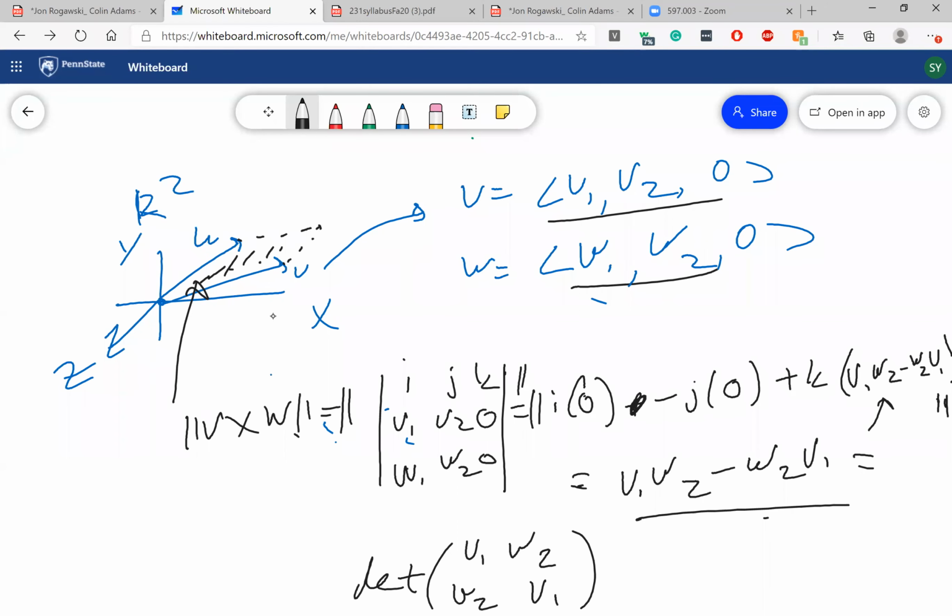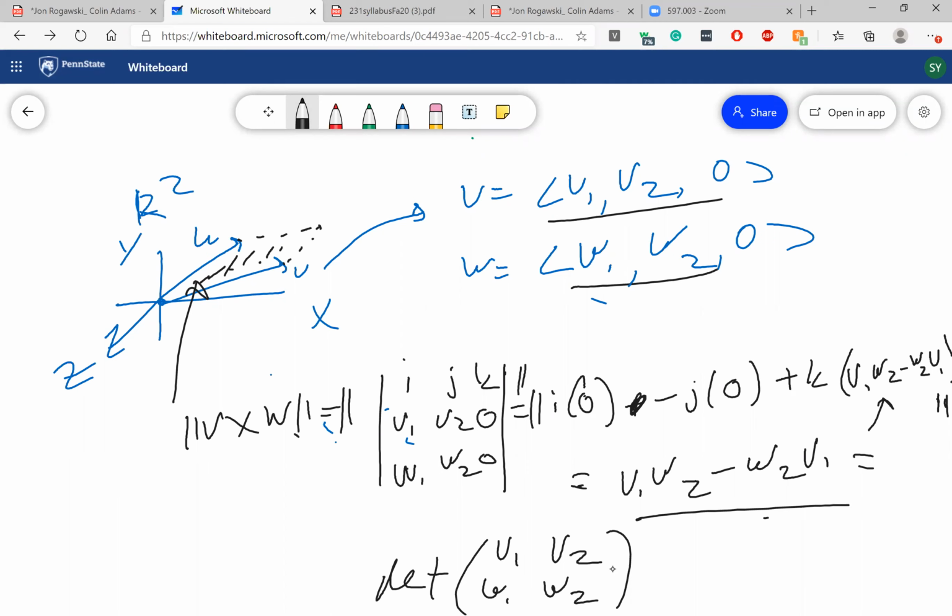So if we're in 2 dimensions and we have this, it is equal to the determinant of V1 V2 W1 W2, which is V1 times W2 minus W1 V2.